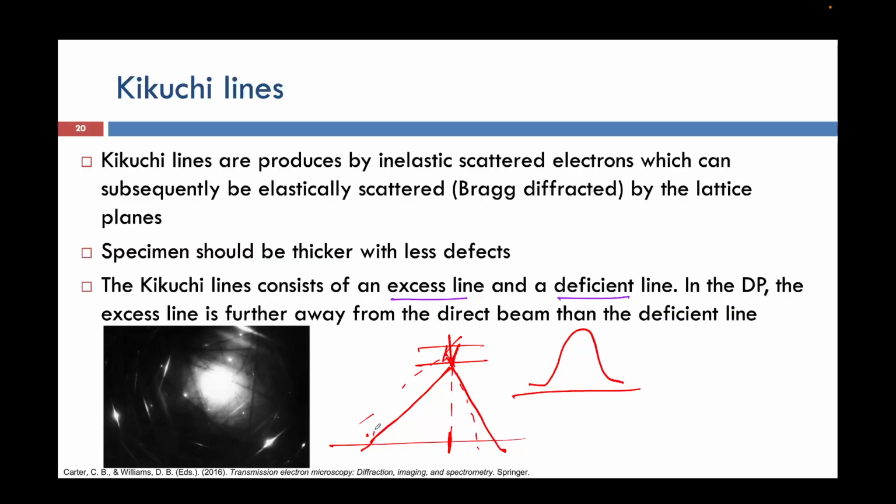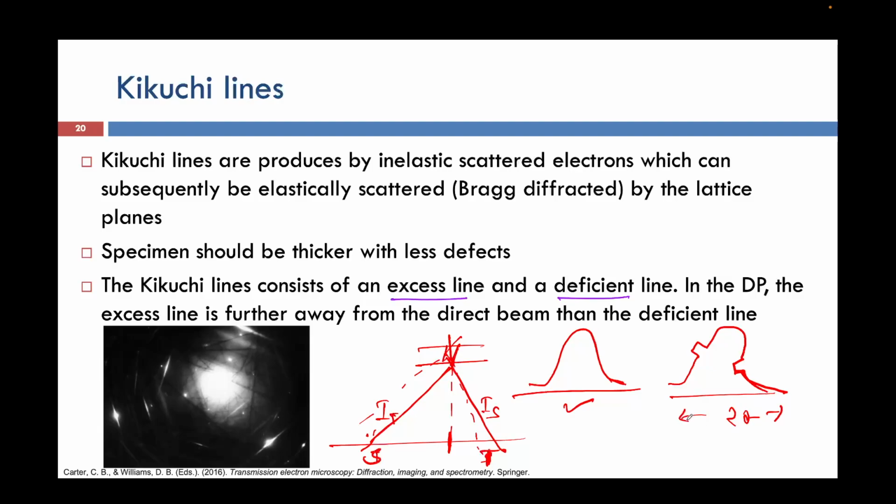Here this is IT, this is IS, so the intensity at point T, intensity at point S, and intensity at point T. So we should ideally be getting this profile, but due to Bragg's diffraction, that means the inelastically scattered electron scatters once more elastically, then we will be getting some structure like this as the intensity profile along 2 theta.